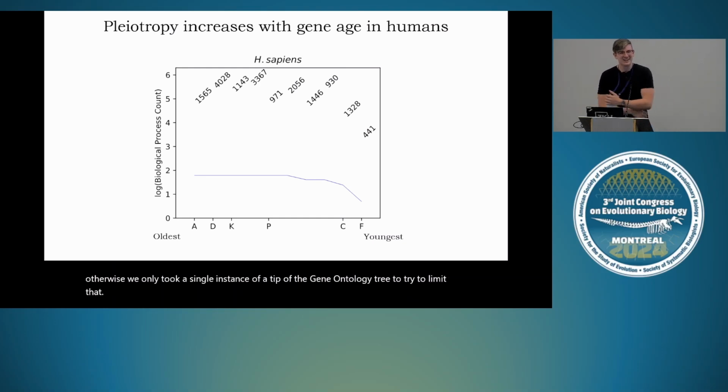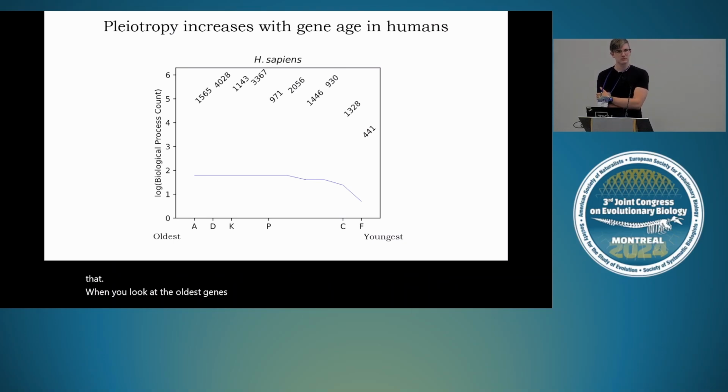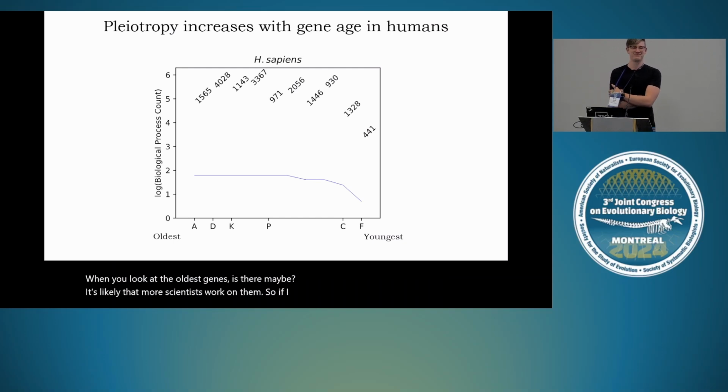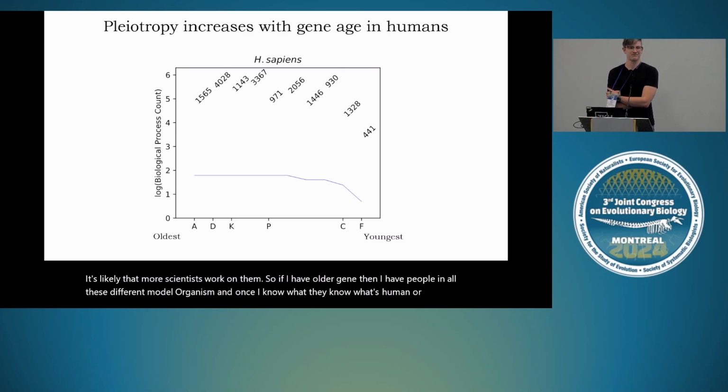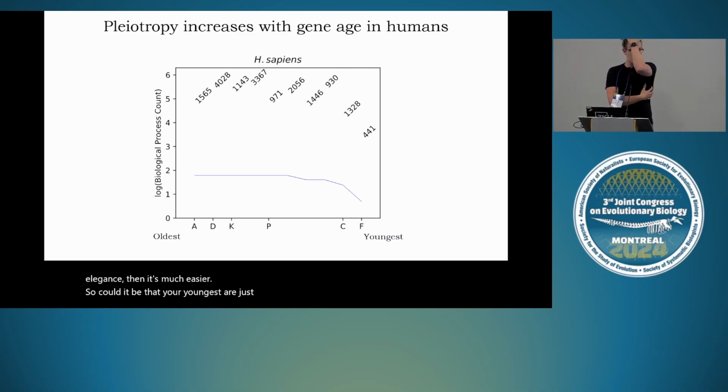Follow-up question. When you look at the oldest genes, it is likely that more scientists work on them? If I have an older gene, then I have people in all these different model organisms, and once they know what's in human or what's in C. elegans, then it's much easier. So could it be that your youngest are just not that well studied?